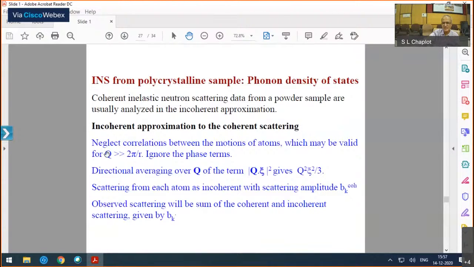So for wave vectors which are fairly large, we can ignore the correlation between the motions of different atoms, and these correlations are very important otherwise. If Q is so large, we can probably ignore the phase terms because we are summing over a large number of phonons.